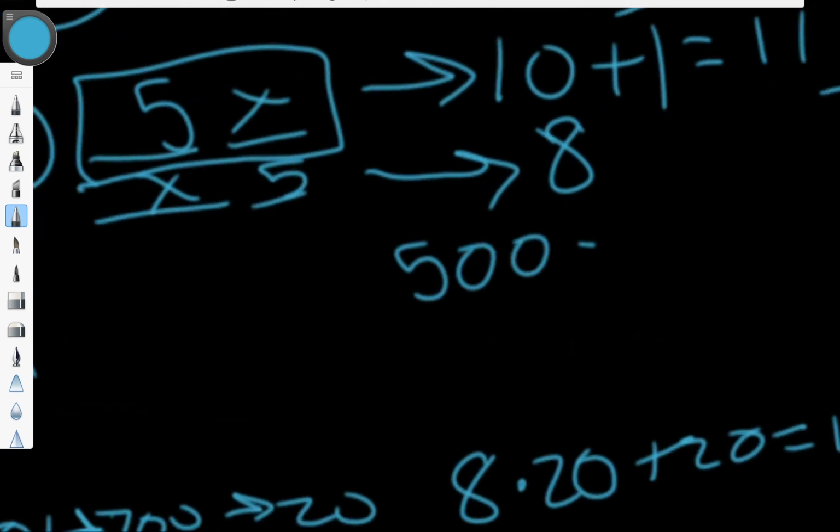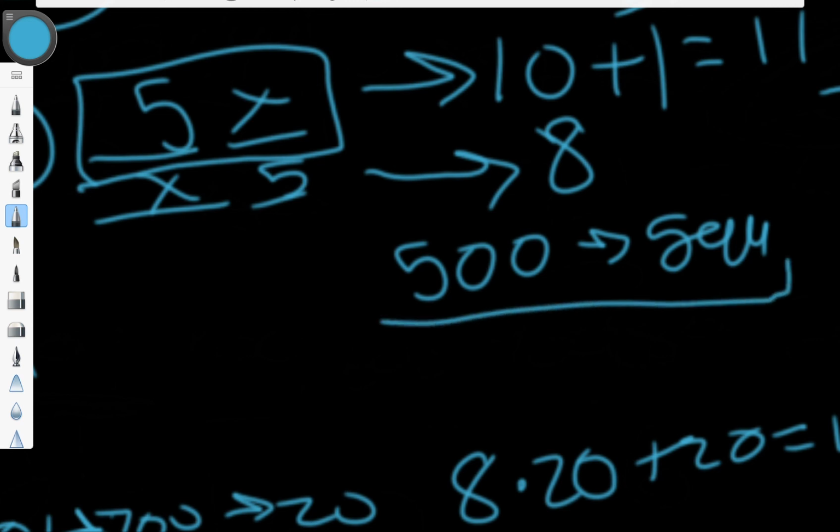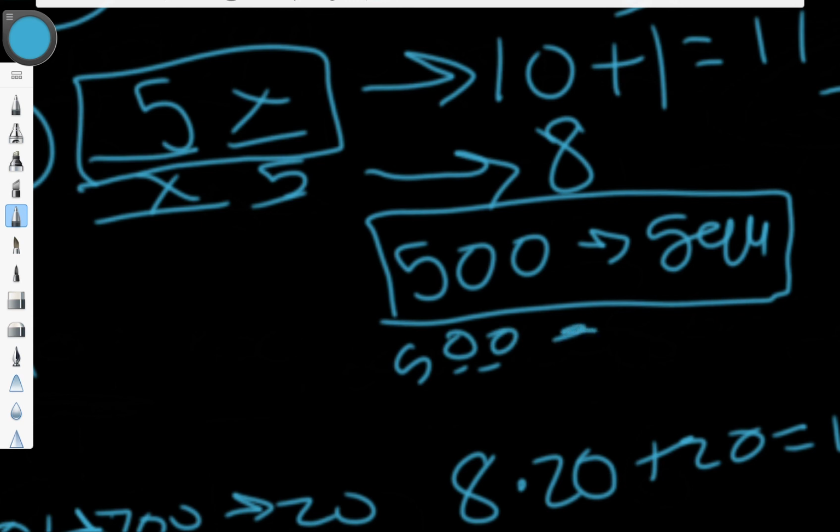500 to 599. How can we do this? If we take away the hundreds digit, it's 0 to 99 again. And how many 5s do the hundreds digits collectively contribute? We're going to have 5 blank blank, 500 to 599.